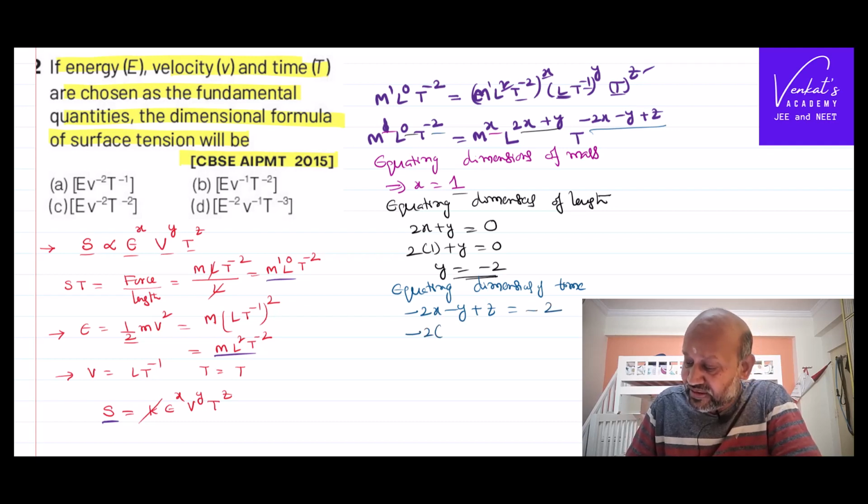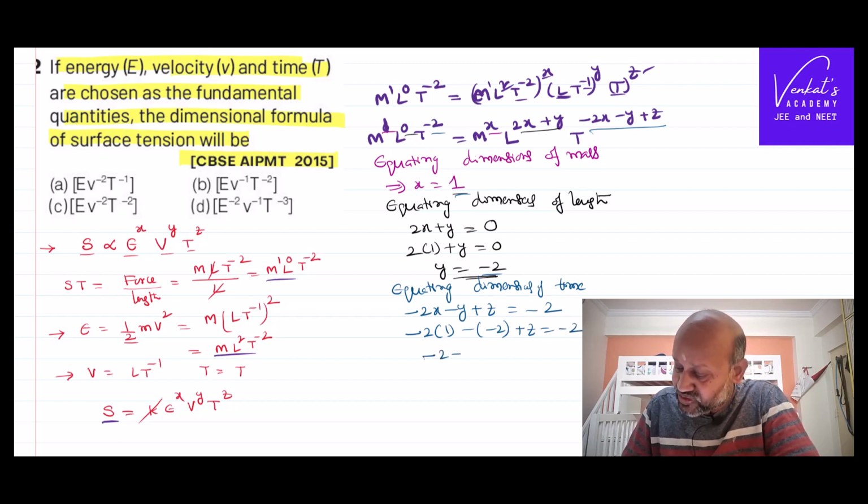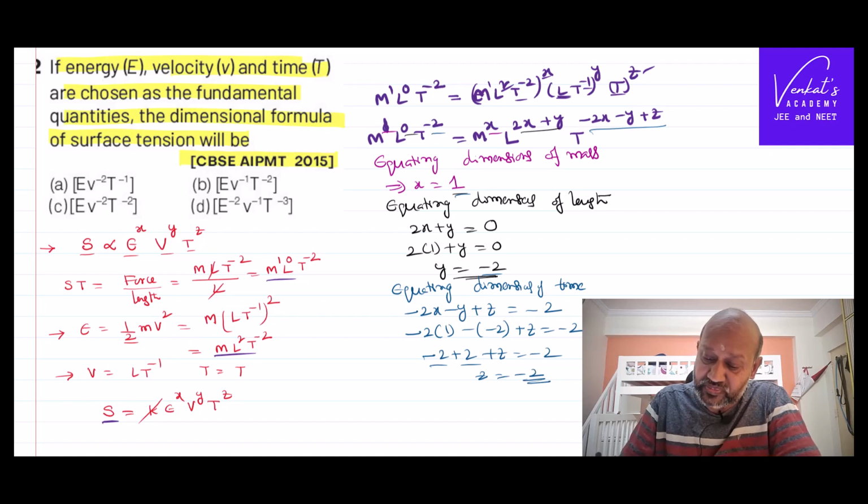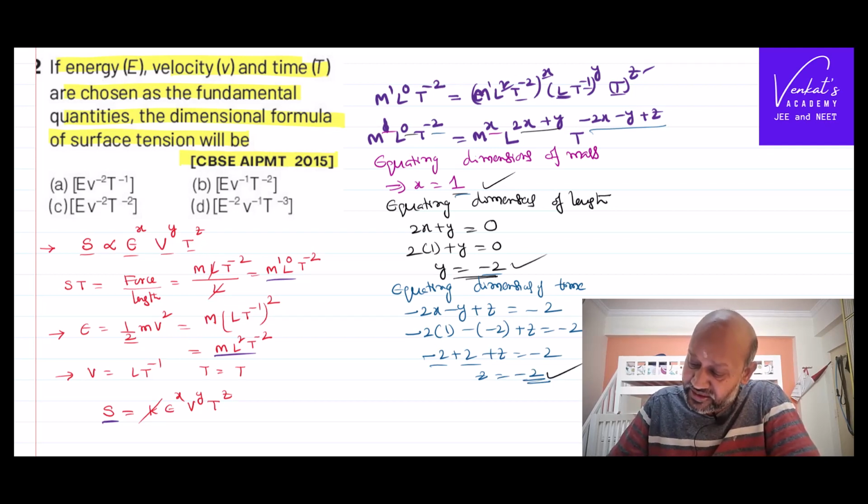Let us substitute the values. X value we have found as 1, y value we have found as minus 2, plus z equal to minus 2. So minus 2 plus 2 plus z equal to minus 2. So this is 0, so z equal to minus 2. Now I got the dimensions of all of them, x, y and z.